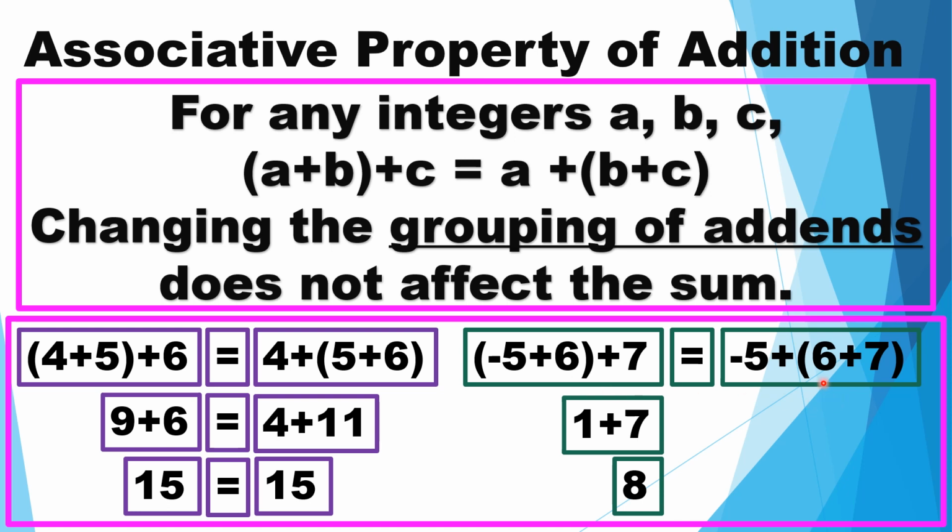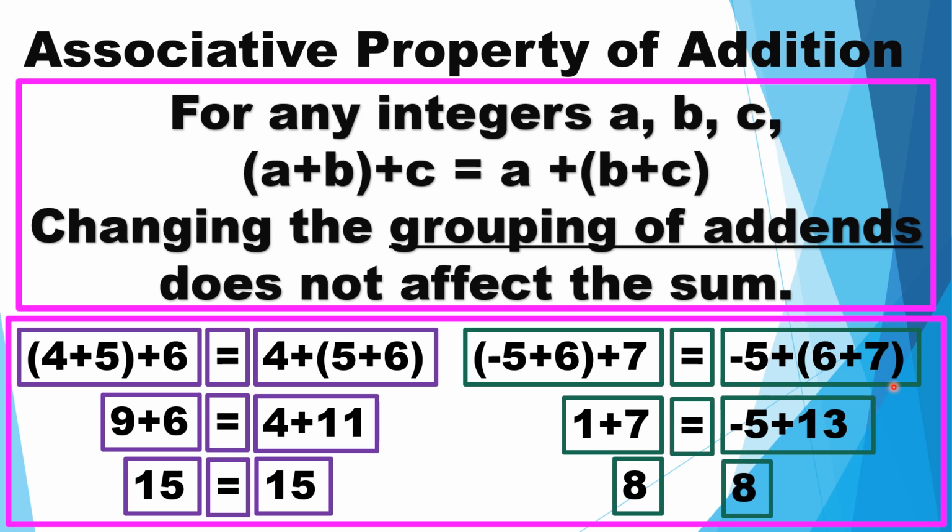Next, sa right side, 6 plus 7 is equal to 13. Negative 5 plus 13 is equal to positive 8. 1 plus 7 is equal to negative 5 plus 13. 8 is equal to 8.